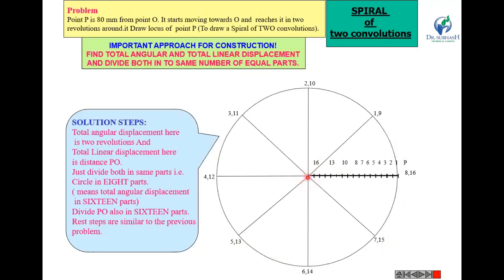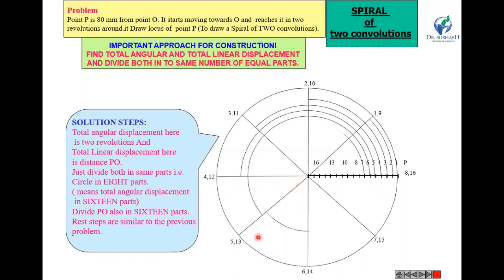This O as a center, radius equal to O1, and draw arc, you will get the point P1 here. Similarly now O2 radius, O center, and draw arc. Similarly O3, and you will find the different points.